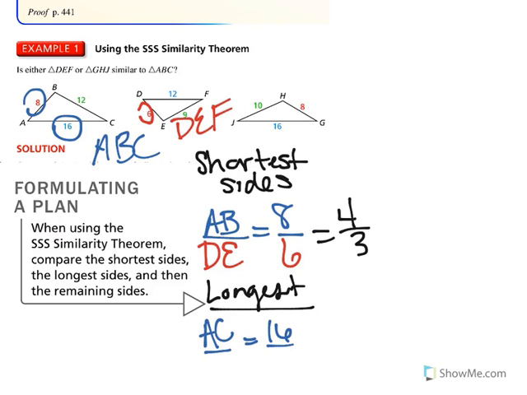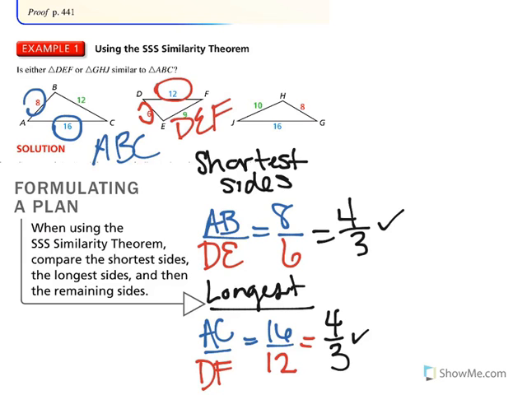And if I look at DEF, DF, 12 is my longest side. And if I reduce those, I should get 4/3. So it's looking pretty good, but I need to make sure I compare the last sides so that I can actually say for sure yes, they are similar.